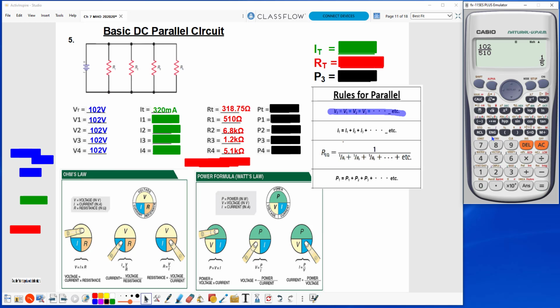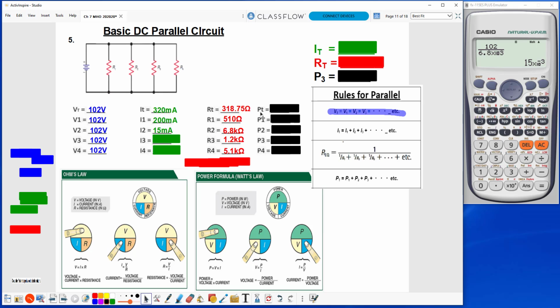Equals, hit engineering, 200 milliamps. Next I'll do VT divided by R2. I'll change out the lower number to 6.8 K ohms, giving me, hit engineering, 15 milliamps.